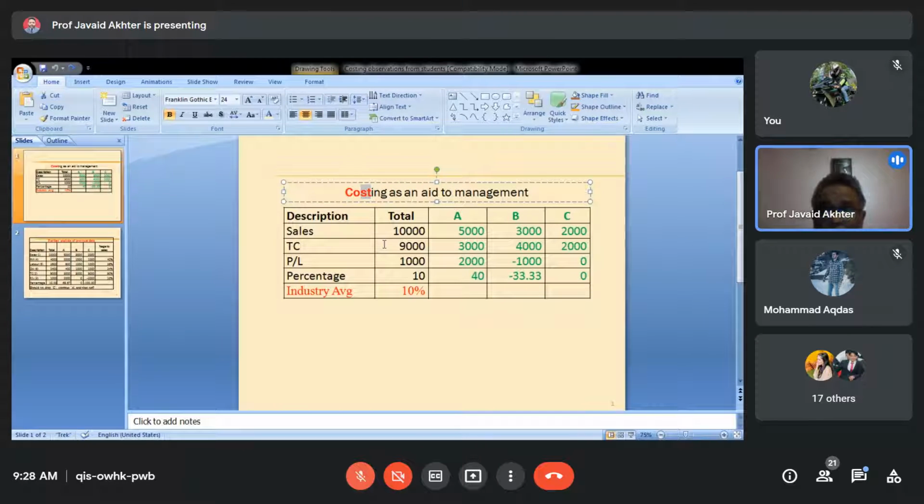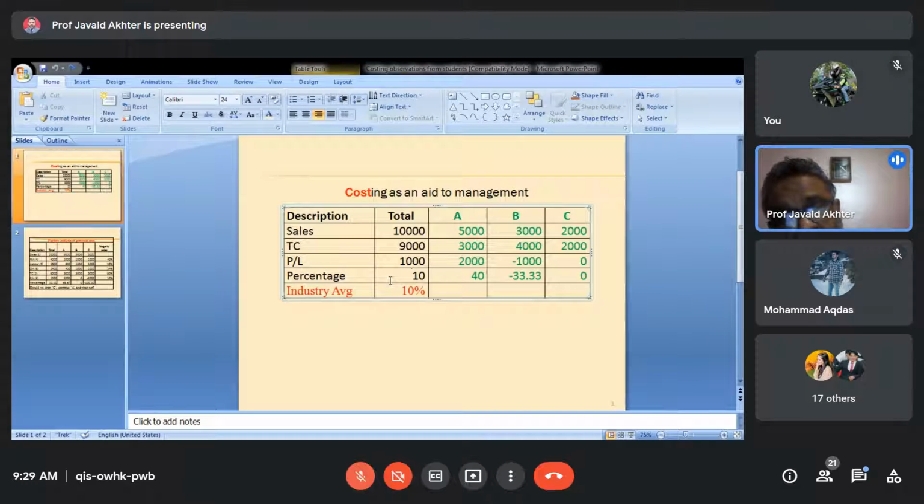If the cost was not calculated, the profit and loss account that you studied just now about 2-3 days before would not have given you this insight. So costing, we can say, helps management in taking several decisions. So this is one step. We go to the next step to find out what happens in the further analysis.